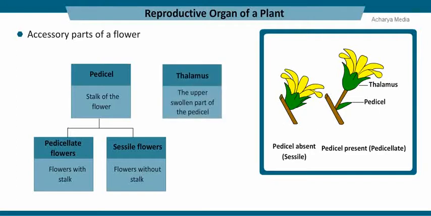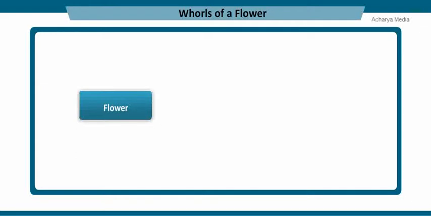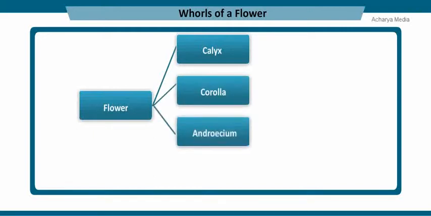Thalamus. It is the upper swollen part of the pedicel on which other flower parts are located. In general, a flower consists of four main parts or whorls. They are calyx, corolla, androecium, and gynoecium.